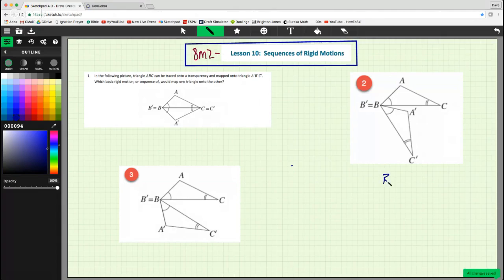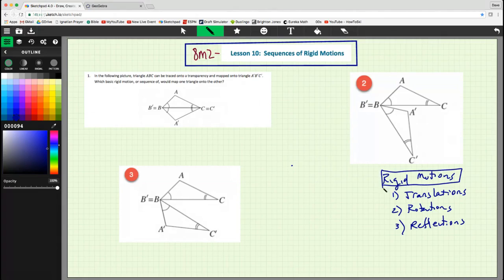These are the rigid motions: one, translation, that's like sliding and leaving the top the top, the bottom the bottom, the left the left, and the right the right. Rotation, that's like spinning an object. And then reflection, that's flipping an object. Generally, you'll only reflect once. So that's the first thing to think about. These are our tool set of rigid motions.